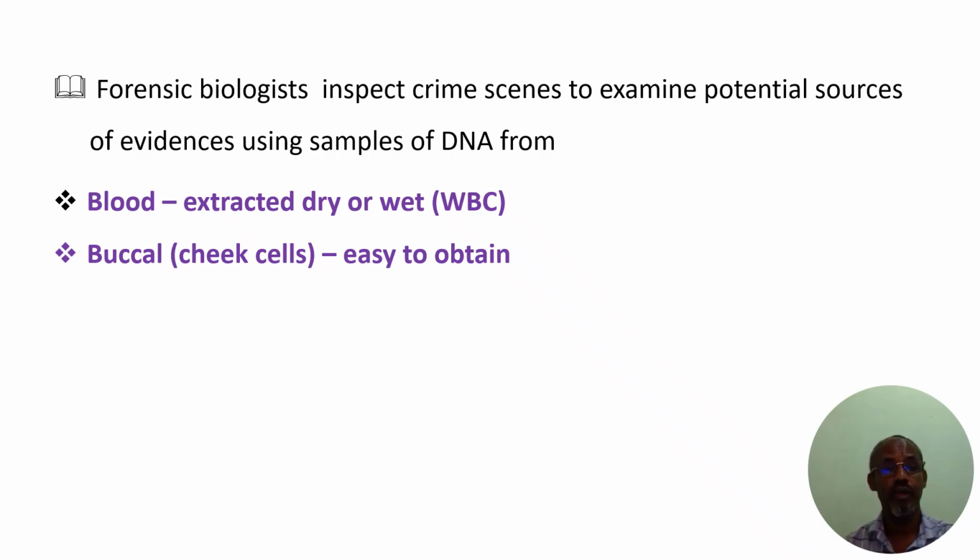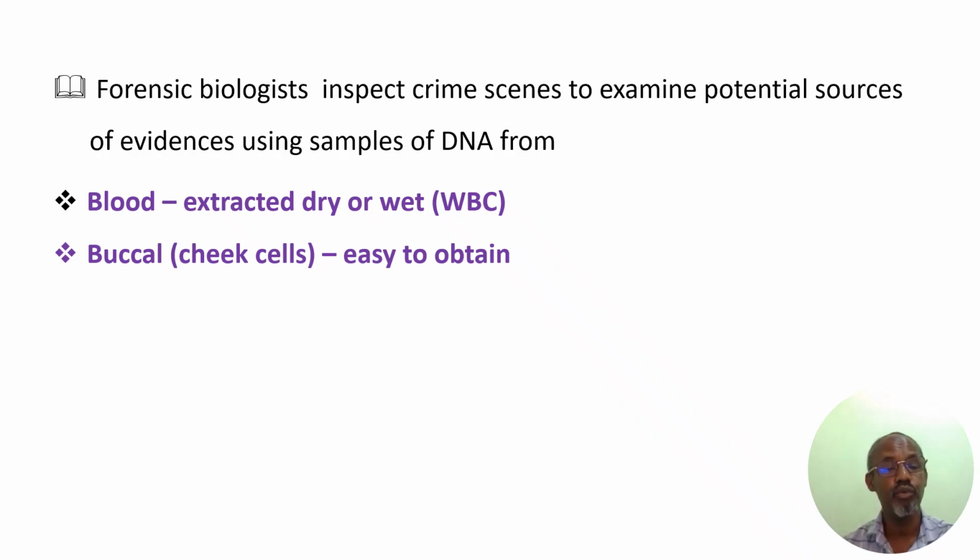If it is a recently committed crime, of course, you may get wet blood before it dries. You can even take scrapings from the dried blood in the crime scene. Blood is one very important source of cells from which we extract the DNA, those DNA which are unique in individuals.